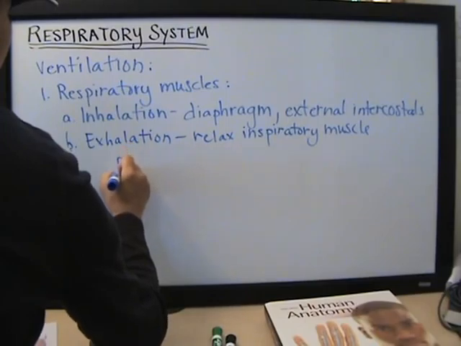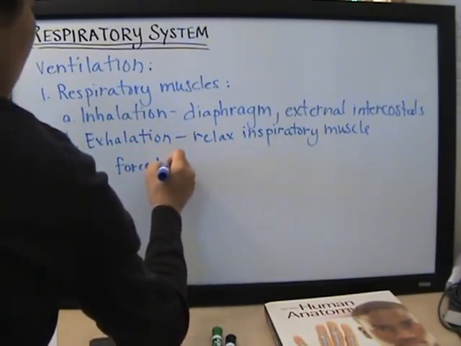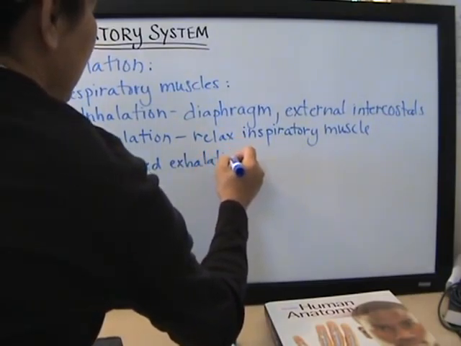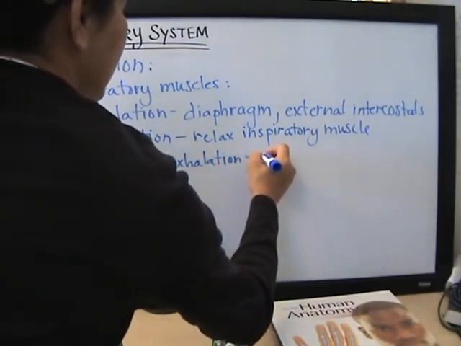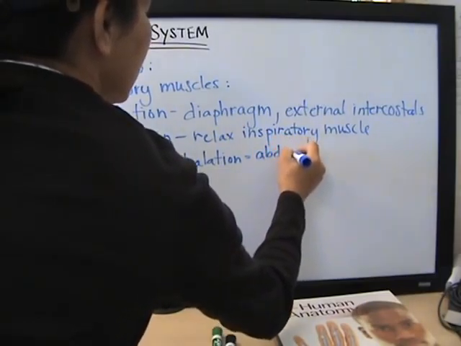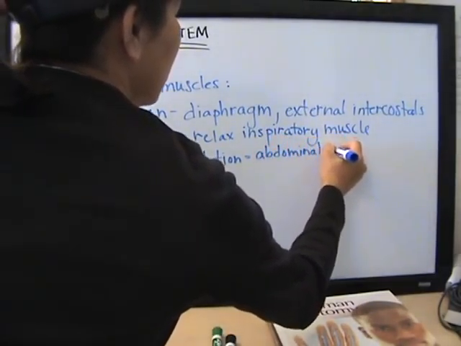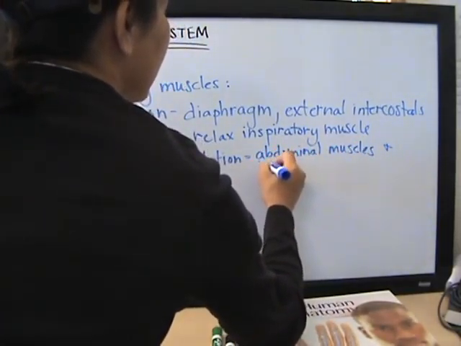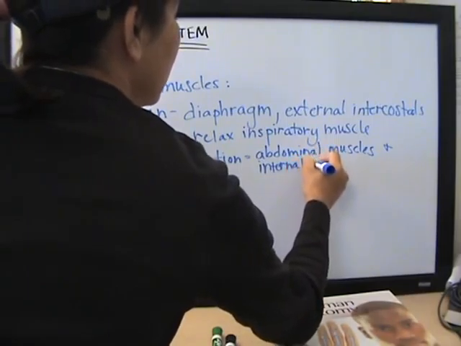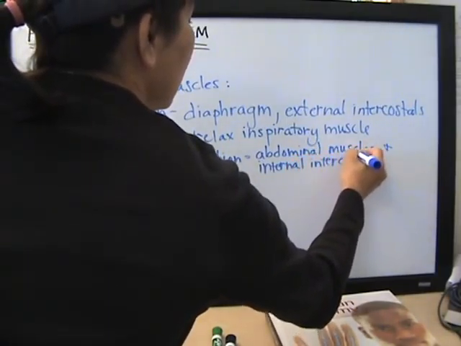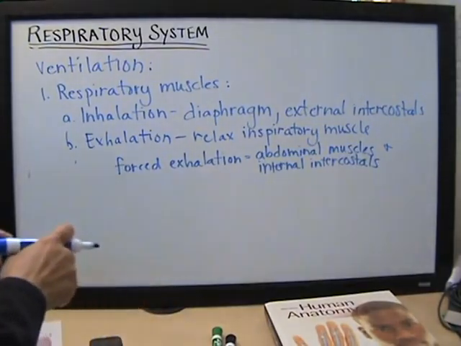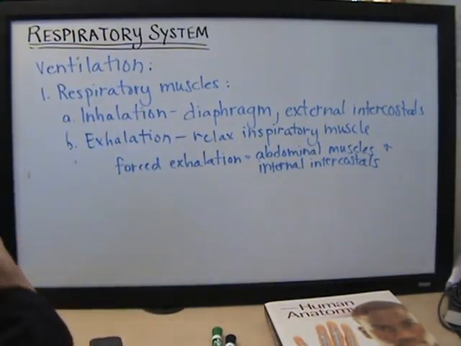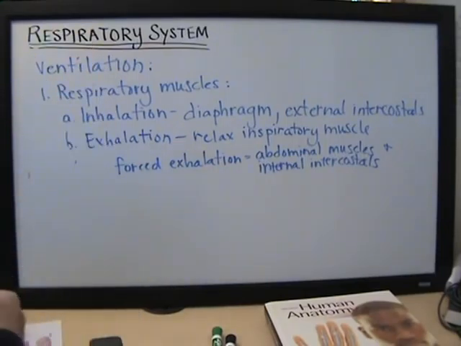So I'm going to put forced exhalation or expiration is the abdominal muscles and the internal intercostals. And so that gives you an added amount of push, decreasing the thoracic cavity even more and allowing you to get extra air out.